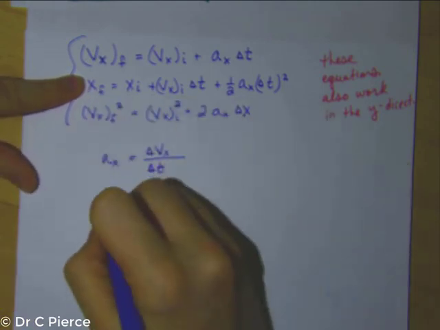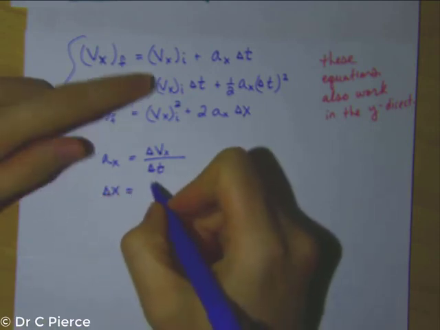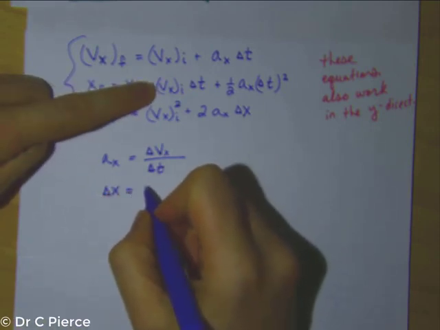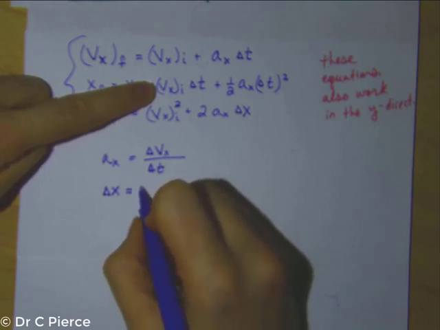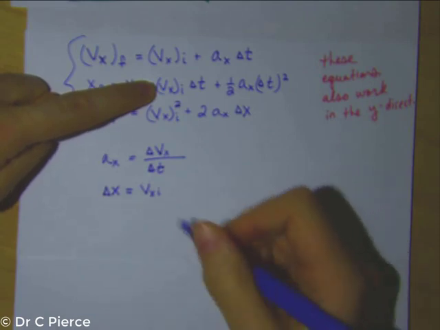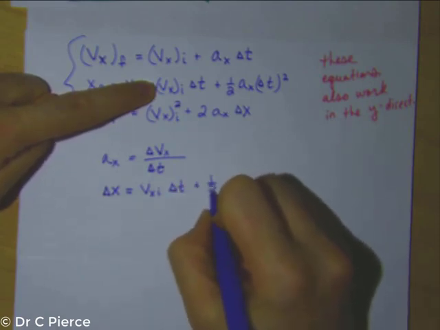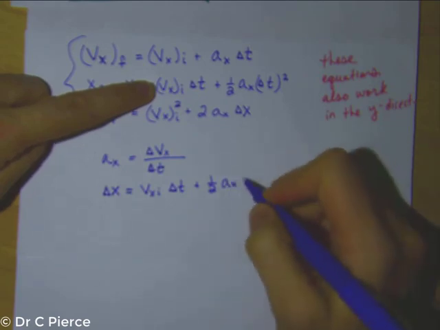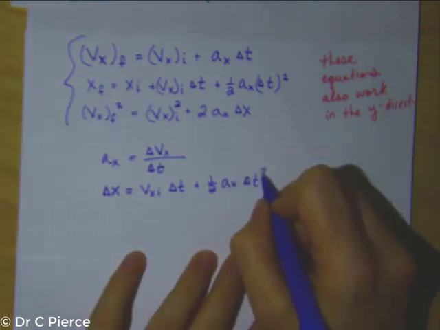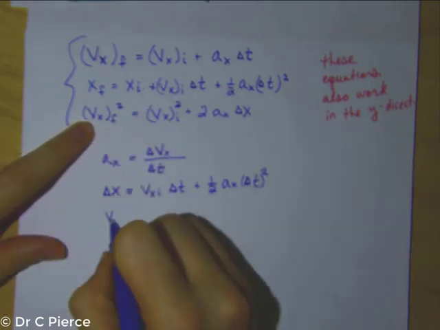So we could say the displacement, the change in x, would be equal to the initial x velocity, which I'm just going to write this way, Vxi, I'm going to drop the parentheses, times delta t plus 1/2 ax times delta t squared. I can't really shorten this one up too much except for just dropping the parentheses.